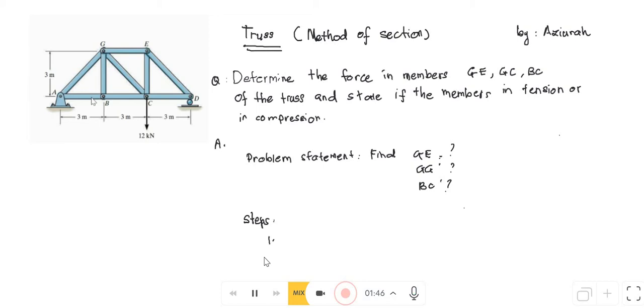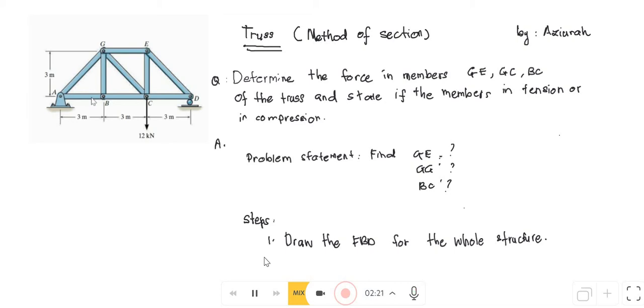We have to draw the FBD for the whole structure.